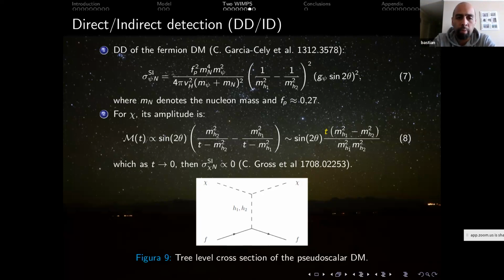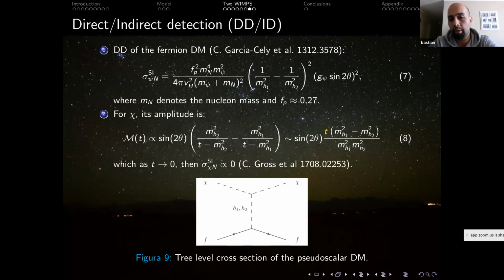So when you construct the amplitude of this process for the pseudoscalar in direct detection, you can see that the amplitude is proportional to the t variable, the Mandelstam variable, which for the direct detection process goes to 0. It's too small, considering the energy scales of the masses that we are dealing with.